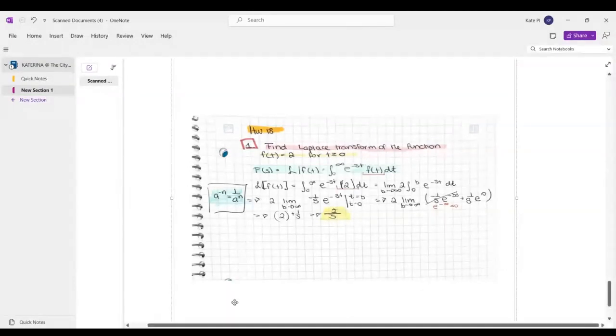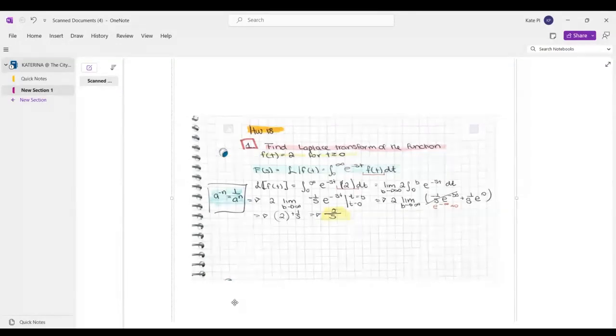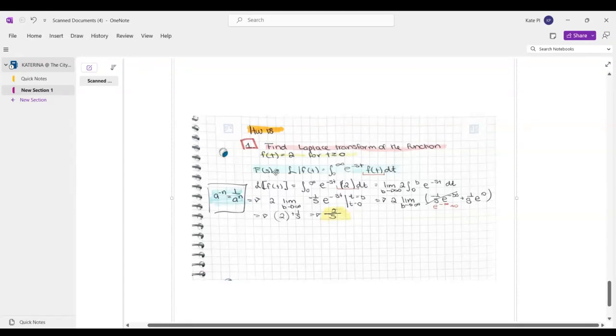Yes, now. Okay, perfect. So I did one question. I think it's super simple. Find the Laplace transform of the function f(t) equals 2 for t greater than or equal to 0. So we have this formula, F(s) equals the Laplace of f(t), the integral from 0 to infinity of e to the power of negative st multiplied by the function f(t) dt.